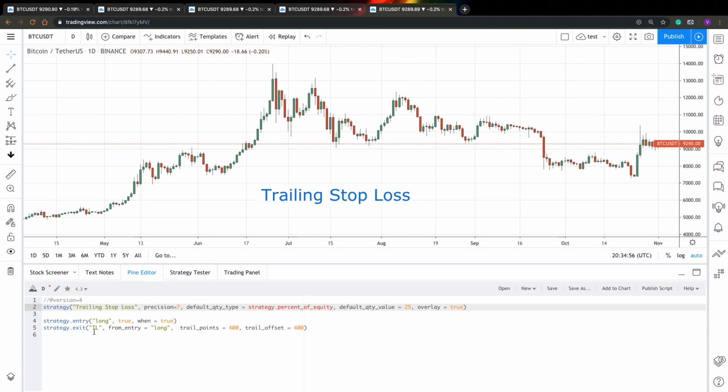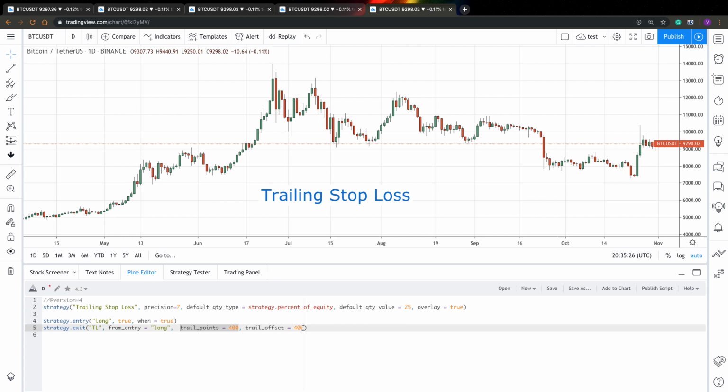What it means is that it allows you to put your trailing stop loss when, for example, you have a long signal, then I wait for a certain amount of points to activate my stop loss level, and after that I have an offset of also a certain amount of points that will allow me not to lose money and to have my trailing stop.